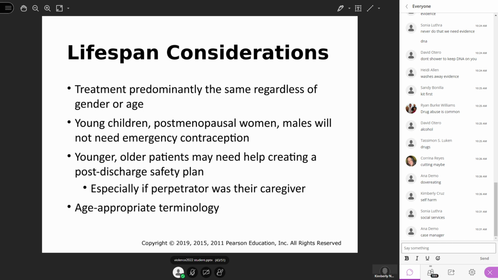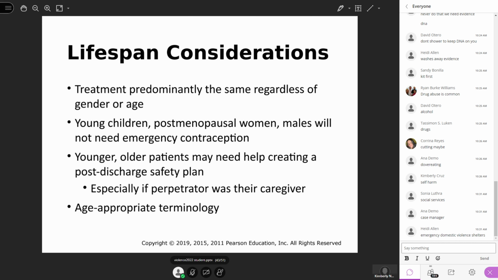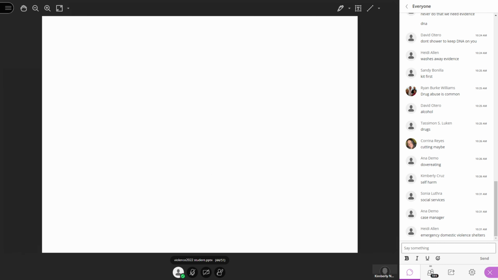I think I put some resources at the end of the slide, like emergency domestic shelter. There you go. There's Safe Haven. 911 has really great resources for people. They have hotlines that are available that can be called, and it's a relatively easy number to remember.